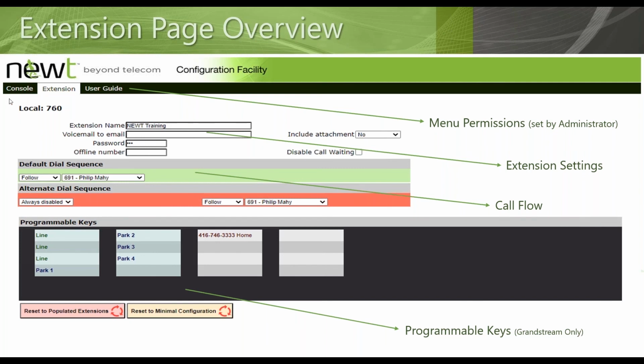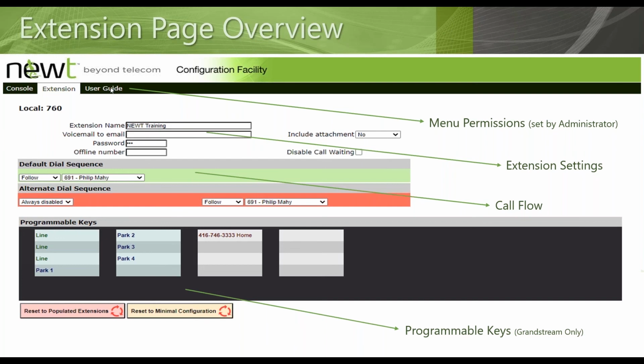It brings you to these menus, and there are 3 menus on top: console, extension, and user guide. You may only see extension and user guide. If there's anything that we go over today, speak with your system administrator to see if you can have access to it. There are a lot of really cool features that they may be able to give you. But again, depending on setups, there may be a reason why not as well.